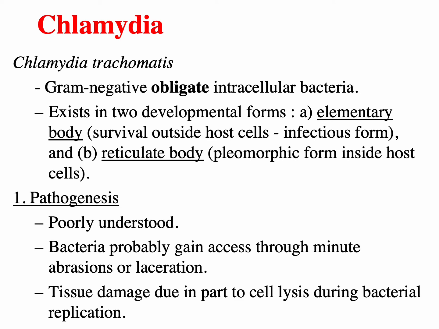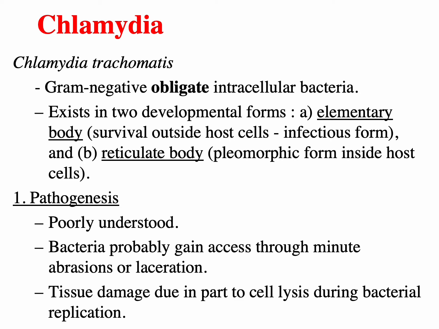And it's a gram-negative organism. It's an obligate intracellular bacteria. Obligate means absolute; they need to be intracellular. Intracellular means they live within host cells. The life cycle of chlamydia requires them to multiply within mammalian cells.